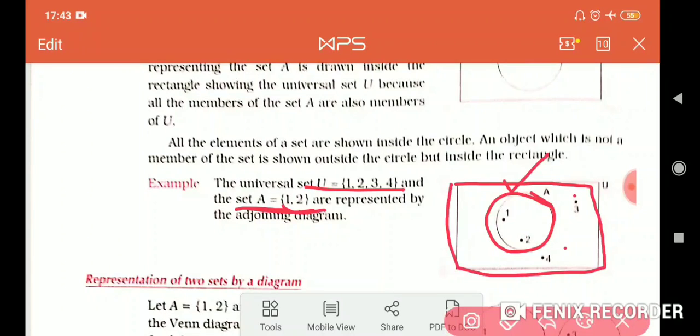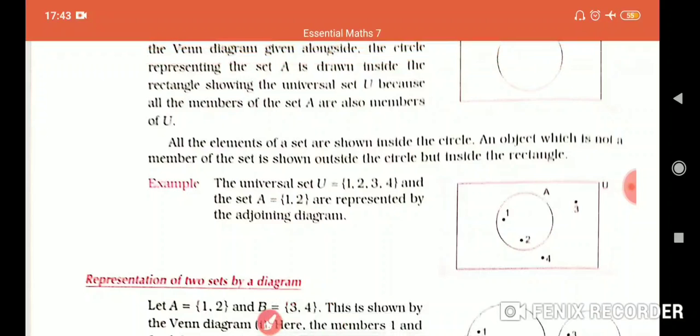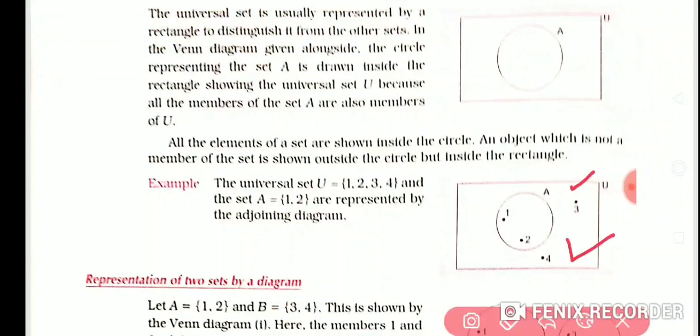So inside the universal set, set A is given, that means all the elements of set A and the universal set. And one more thing can also be represented: 3 and 4. They are not part of set A because they are outside A.